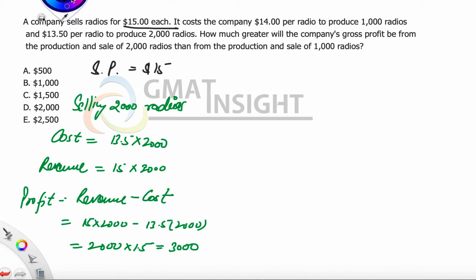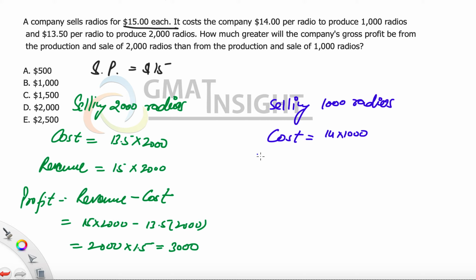Now let's quickly see what the profit is if we are selling only 1000 radios. Then the cost is equal to 14 multiplied by 1000 and revenue is equal to $15 for 1000 pieces.